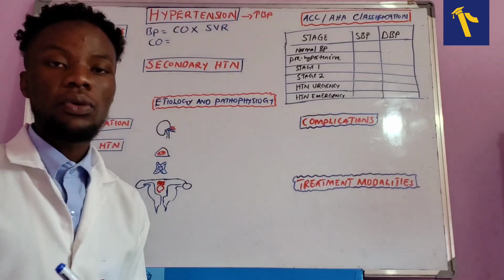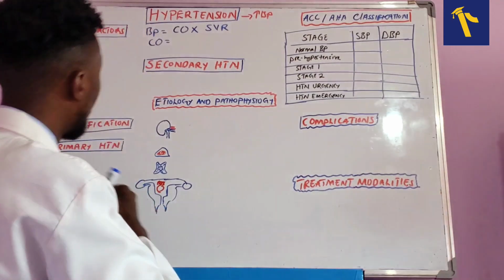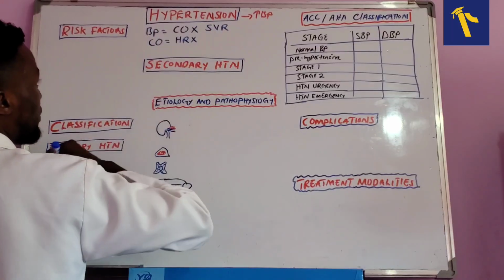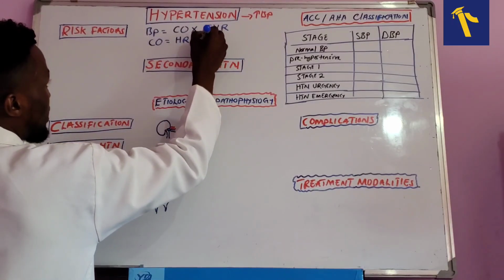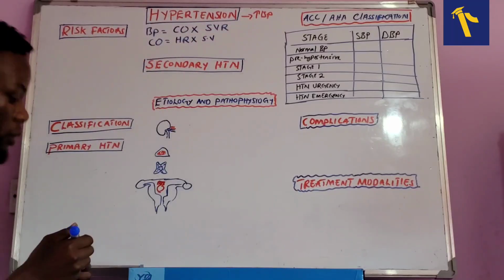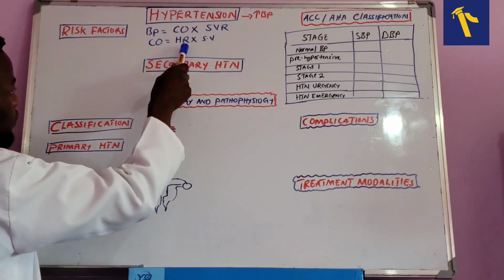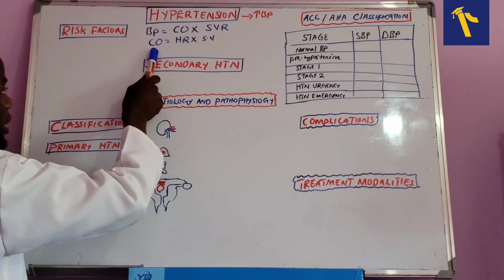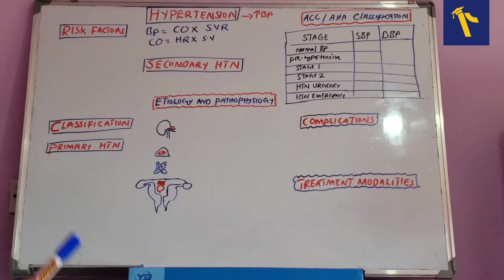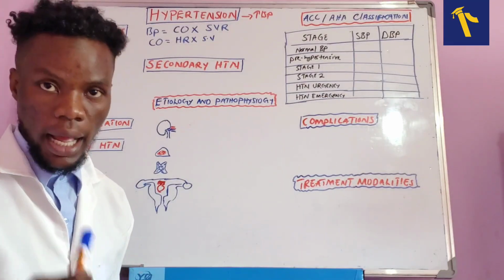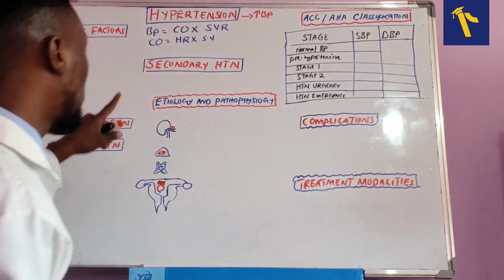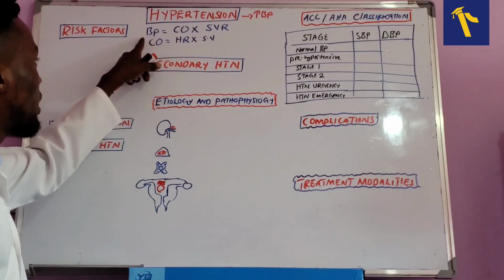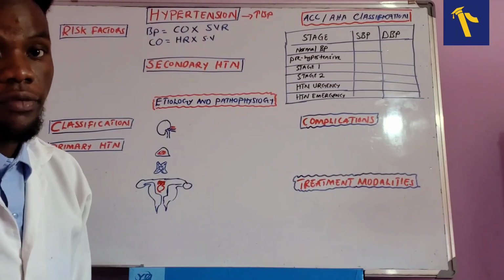Cardiac output depends on various factors: it depends on heart rate, as well as stroke volume, SV. Anything that elevates the heart rate will elevate the cardiac output, or anything that promotes elevation of stroke volume will elevate the cardiac output. And if you increase the cardiac output, the blood pressure is going to be elevated.